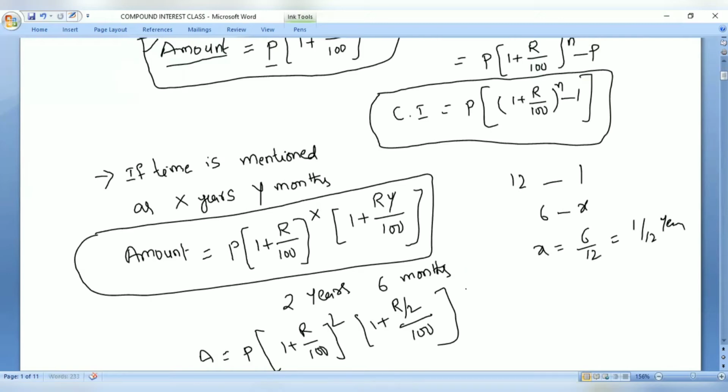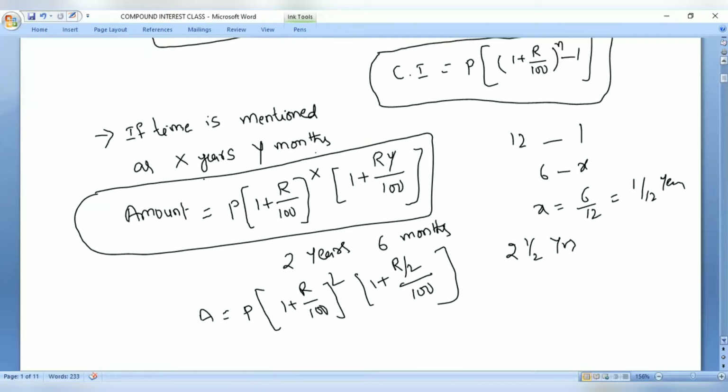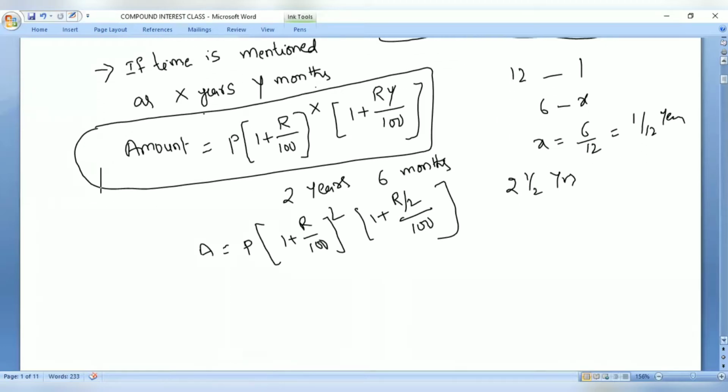Always mention n in years, so 2 years, 6 months can be converted to 2.5 years. For X years, Y months, this is how we have to write: amount is equal to P into (1 plus R by 100) to the power of the time period n, which is 2 years, and the 6 months is converted to half a year, that is 1 by 2 years, which we have substituted.